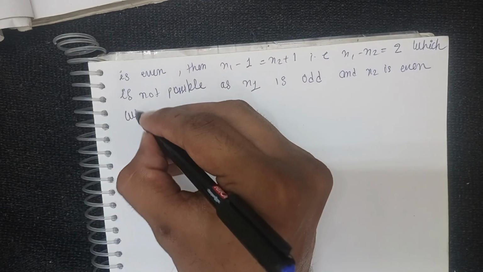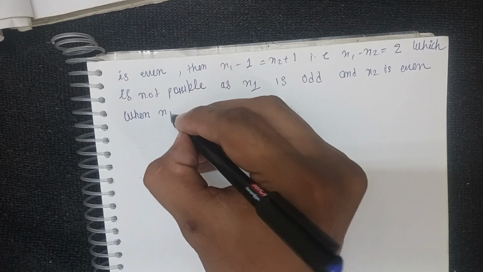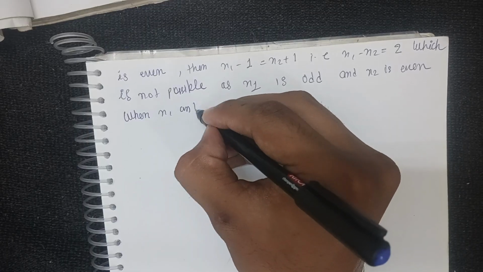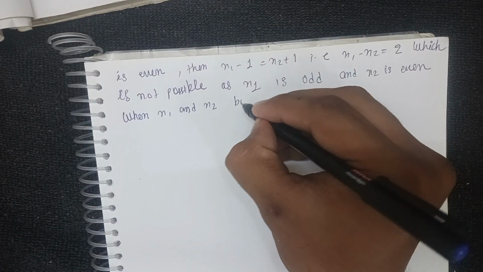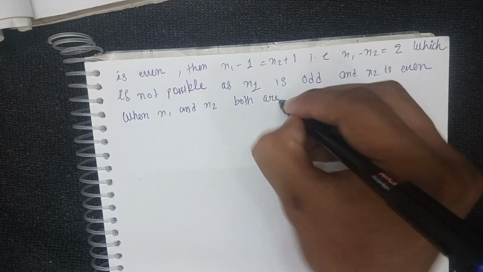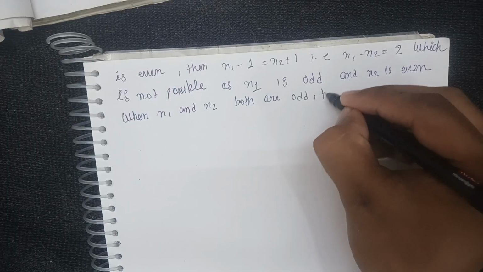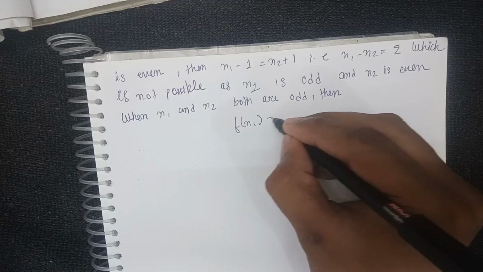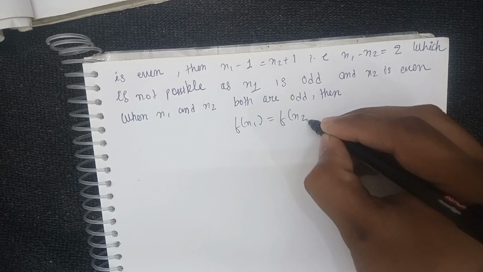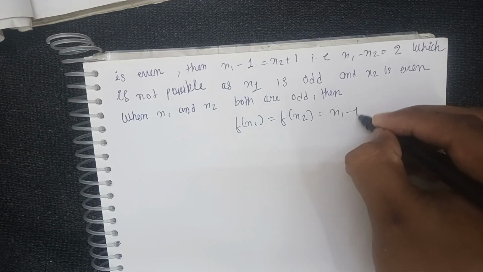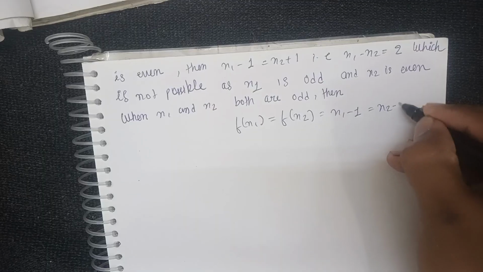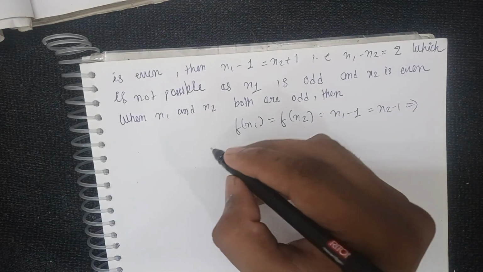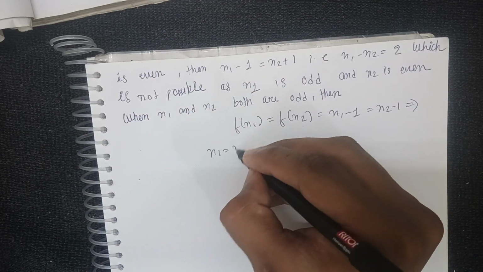When n1 and n2 are both odd, then f(n1) = f(n2) gives n1 - 1 = n2 - 1. Therefore, n1 = n2.